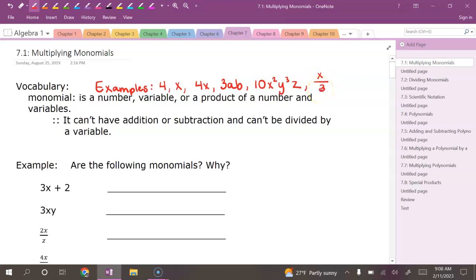Another thing that you might see is something that's written with x divided by a number, like x over 3. That is considered a monomial. Just maybe make yourself a note that x over 3 is the same as 1/3 times x.